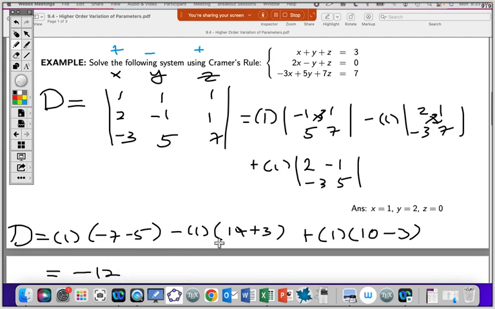So you've got your negative 12 minus 17 plus 7. So what does a minus 22 look like when all's said and done? Any questions on calculating these 3 by 3 determinants?